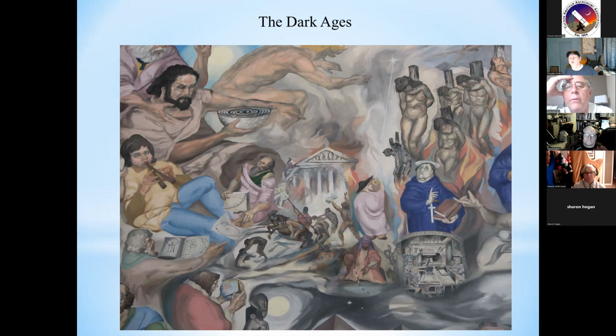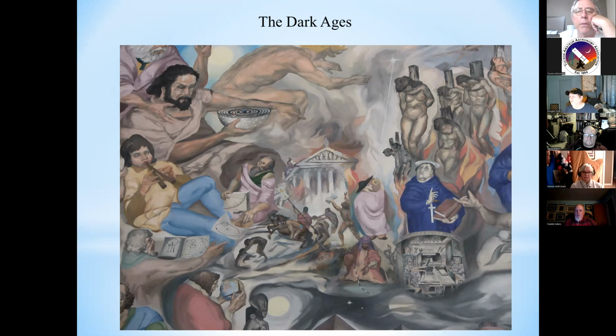For instance, there was a book written by various Greeks and other people that deduced that the planets did not orbit the Earth, that the planets orbited the sun, that the sun was a star, and that the stars were extremely far away, too far away to measure a parallax in those days.